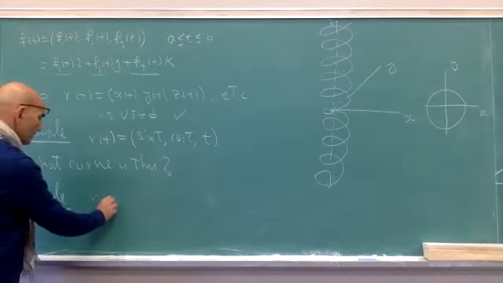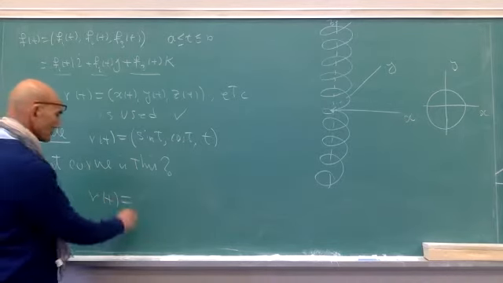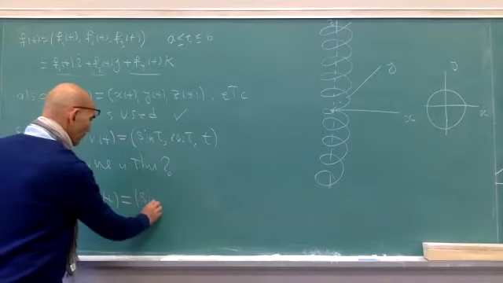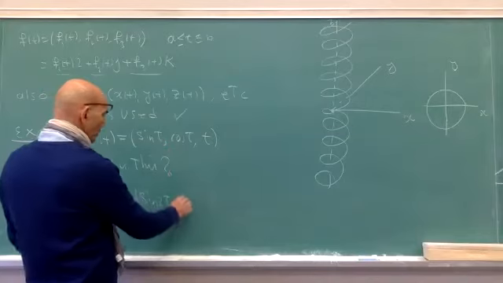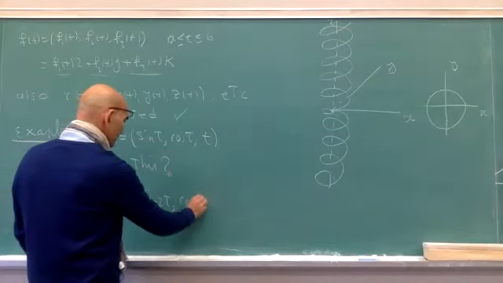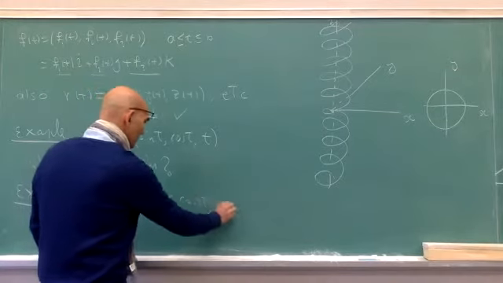So here's another example. r of t equals sine of 2t, cosine of 2t, and 2t.